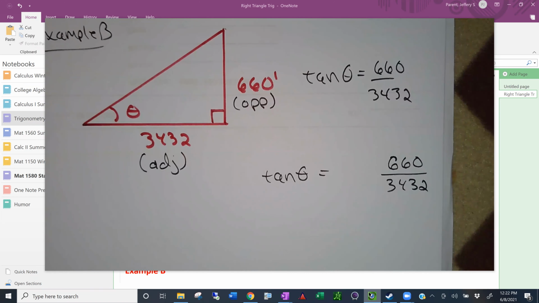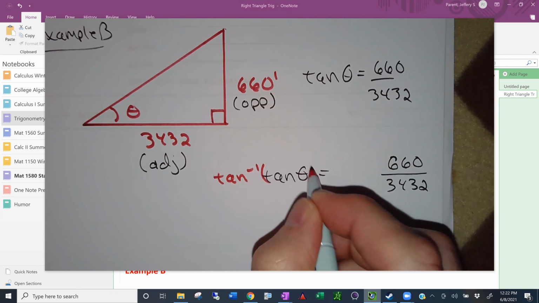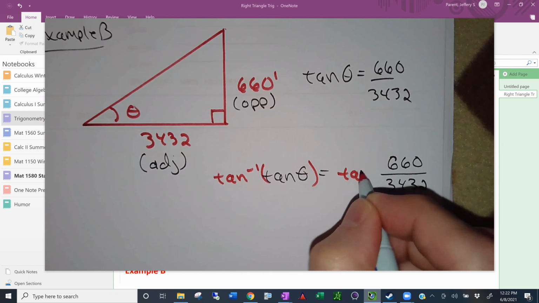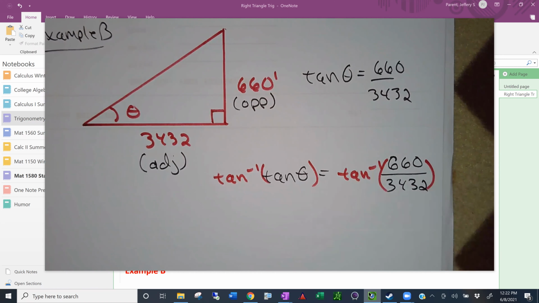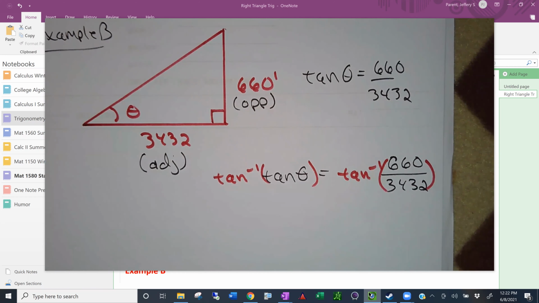Thank you. Yeah, so if we take the inverse tangent on both sides, then on the left-hand side, these two things cancel each other out. So you're just left with theta equals the inverse tangent of 660 over 3432.